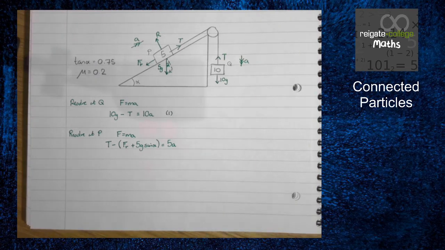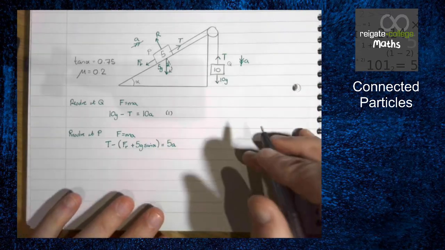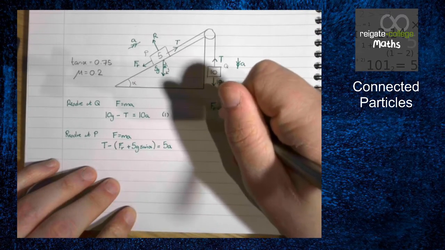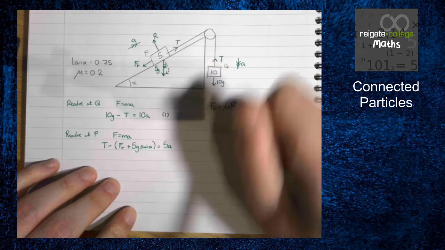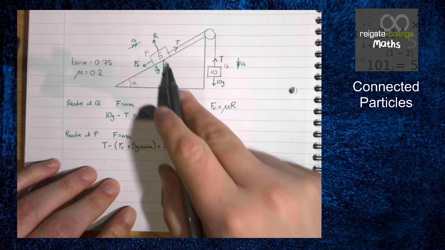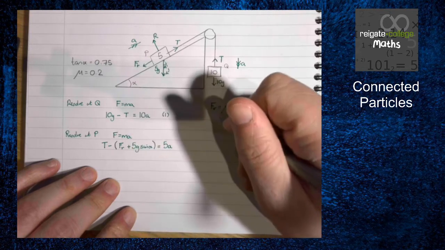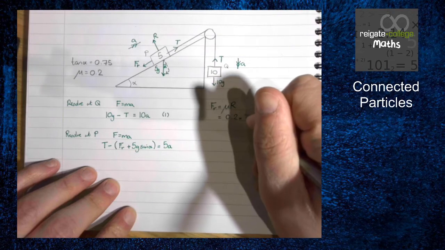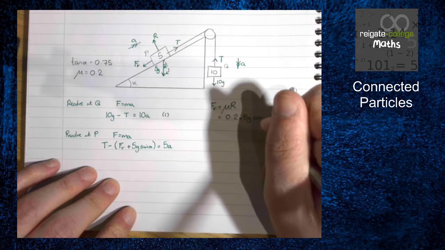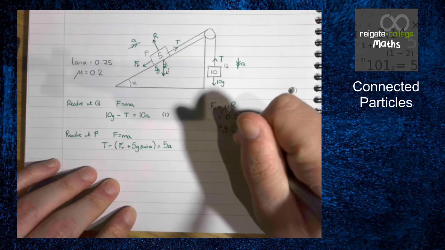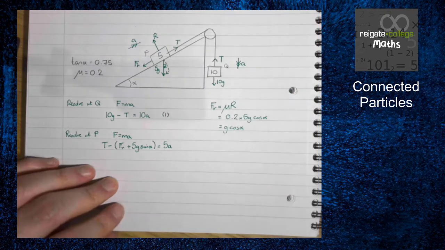Well, let's do some tidying up here. So we know that friction is mu times R. R is going to be 5g cos alpha, and we know mu is 0.2. It's 0.2 times 5 is 1, so we just get g cos alpha.